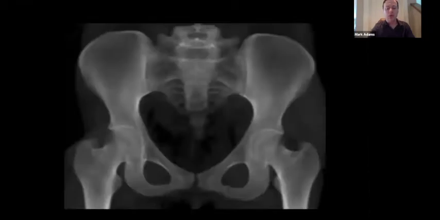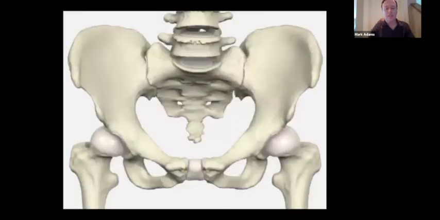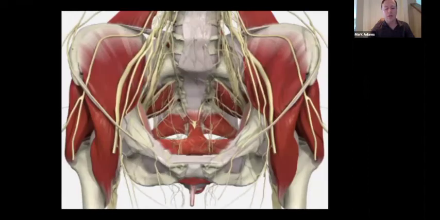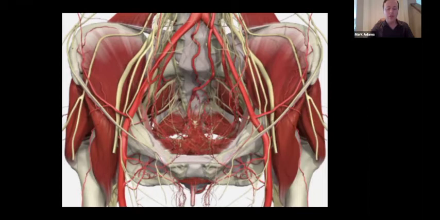When we look at this, we want to be able to picture the skeleton it represents, but also, in our mind, be able to picture the muscular and neurologic anatomy and their relationship with the bone, as well as the vascular anatomy of the pelvis. Understanding these relationships helps us anticipate injuries to these structures when we examine a radiograph of an injured pelvis.